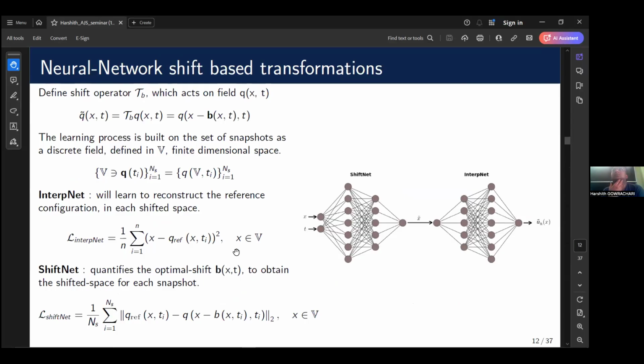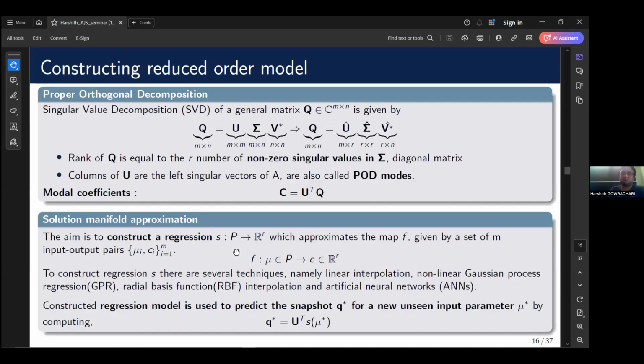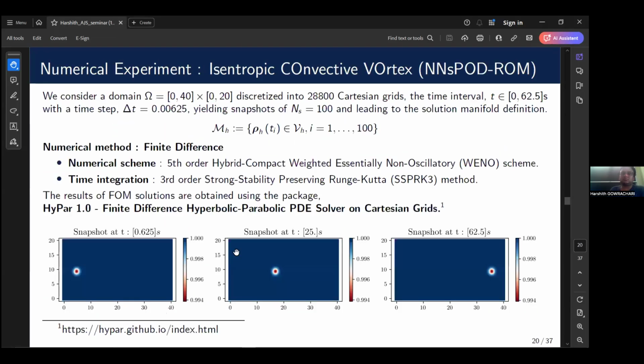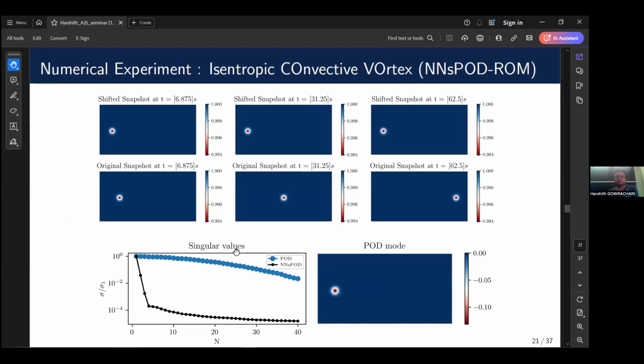But if the domain you want to approximate is quite complex, then this map is quite costly and difficult to learn. For example, in your second example it was probably something like 20,000 nodes, right? Yeah, exactly. So here you need to find this map from a two-dimensional positional point to the value of the solution at that point when shifting.